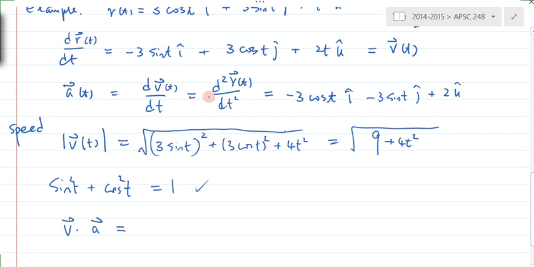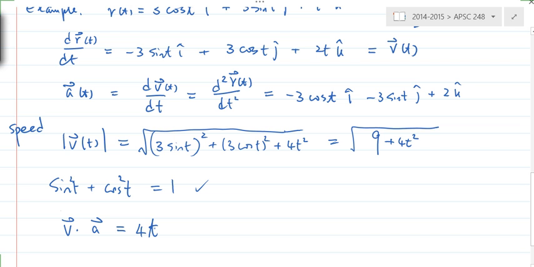So as you can see, what's the first two? This is -3 sine, -3 cosine, so that's 9 cosine sine. And the second one here is positive, 9, and it's cosine sine. Wait, -9 cosine sine. So when you add the two terms together, they're actually going to be 0. So the only thing left is 4t here, right?